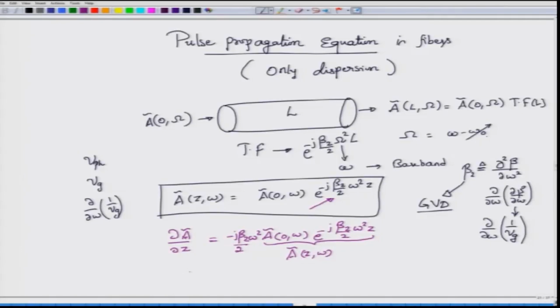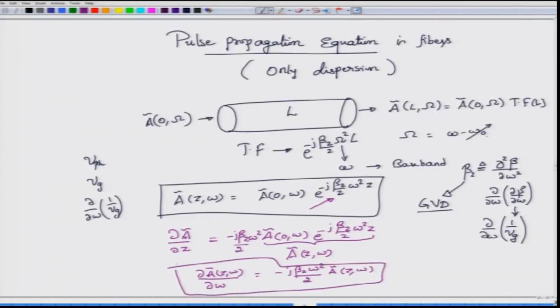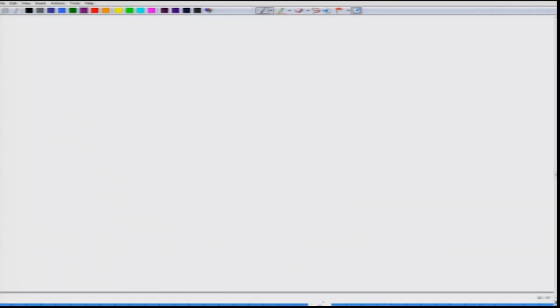So, what we have is a fairly simple linear equation which tells you that the derivative of the pulse Fourier transform at any point z in the fiber is directly proportional to the Fourier transform itself. If I go back to the time domain by taking the inverse Fourier transform, then I will obtain the following.